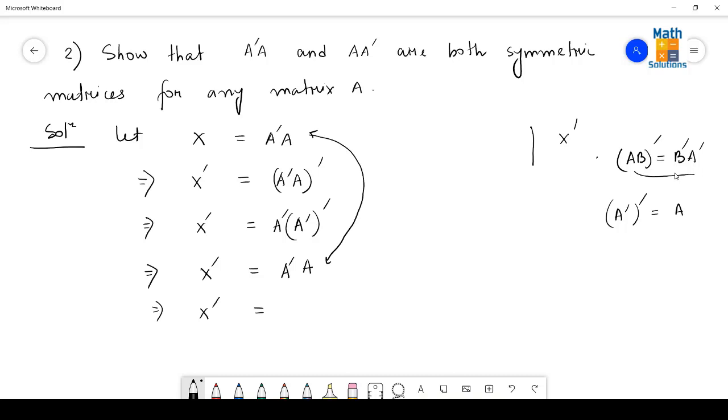Whatever value we assumed earlier for X, the same value I am getting for X dash also. So in place of this matrix I can put X. Therefore it is clear that X equals A dash A is a symmetric matrix.